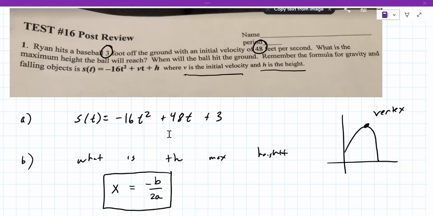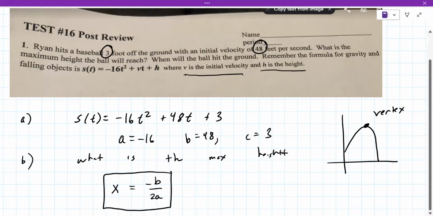Okay, so in your problem, A is minus 16, B is 48, C is 3. Would you calculate the minus B over 2A for us, please?